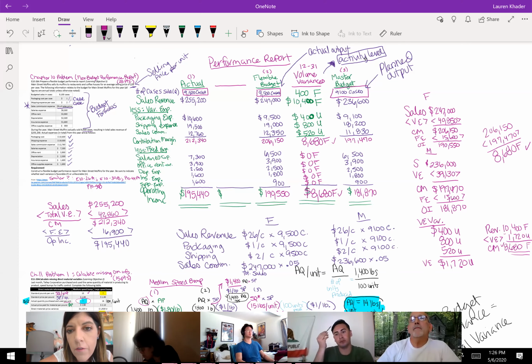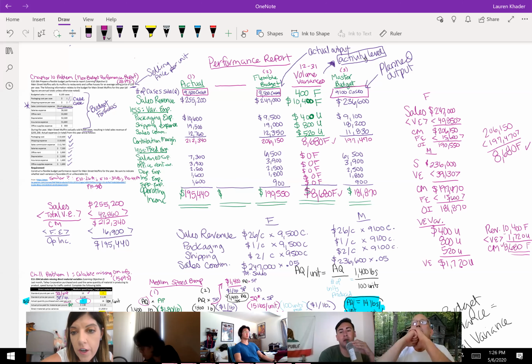You would have an unfavorable up here for your variance for the cases, and then an unfavorable for revenue, favorable for the variable expenses, but your contribution margin would also be an unfavorable. And it would trickle down to the operating income too.